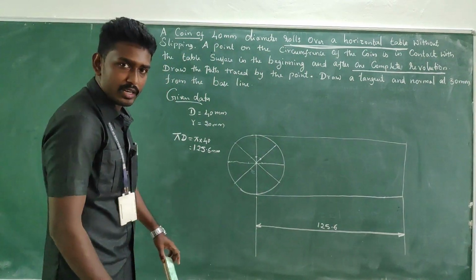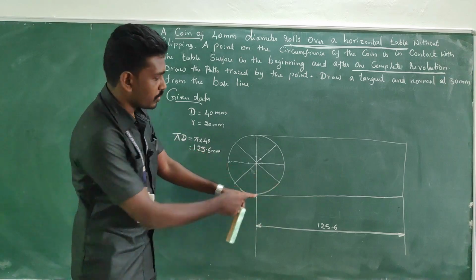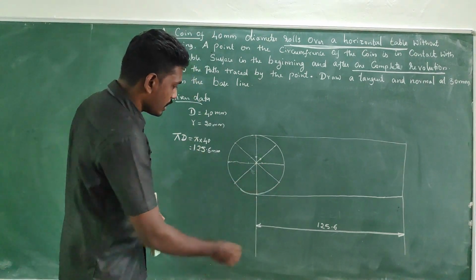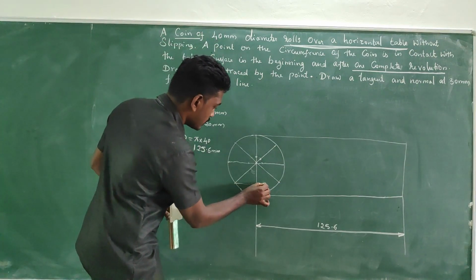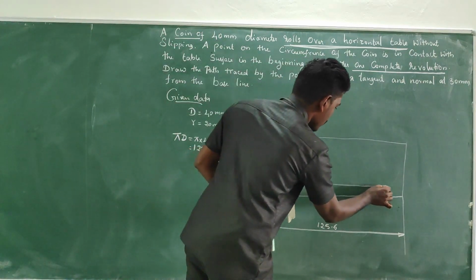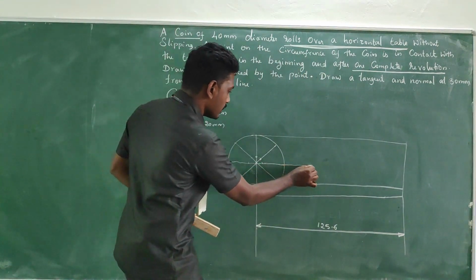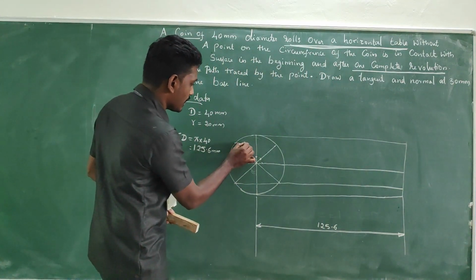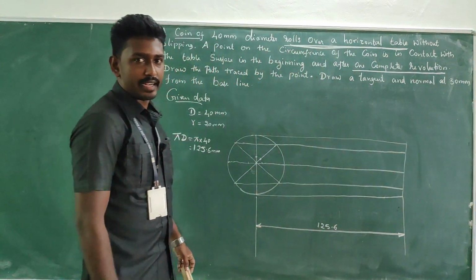Afterwards, from each and every point on the circumference of the coin, you must take a horizontal line. If you take a horizontal line, these 2 points come in a straight line, and these 2 points come in a straight line.